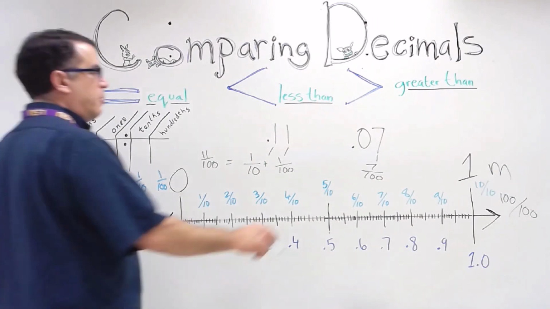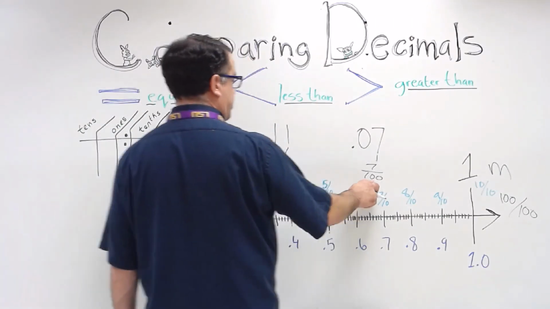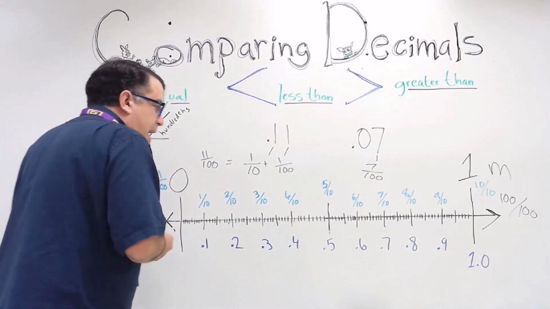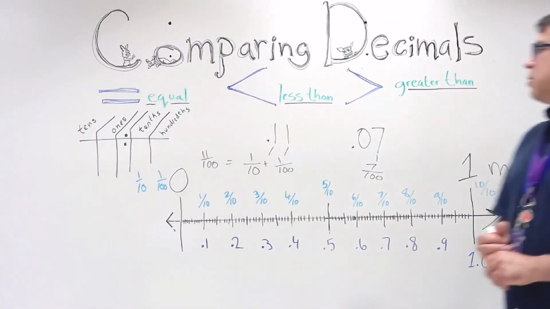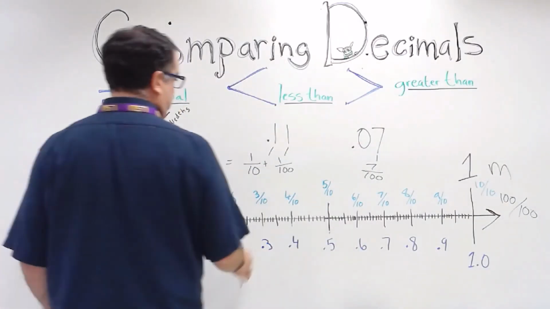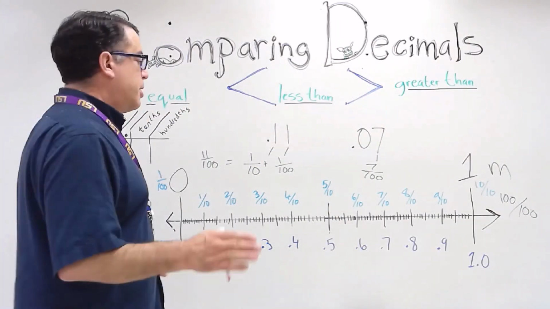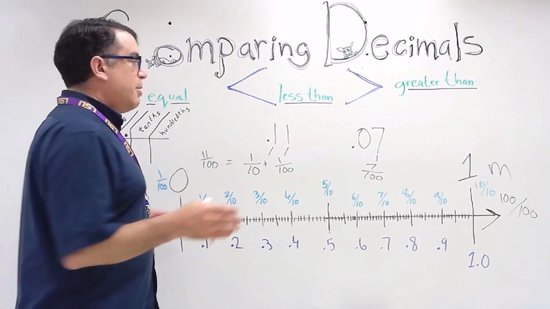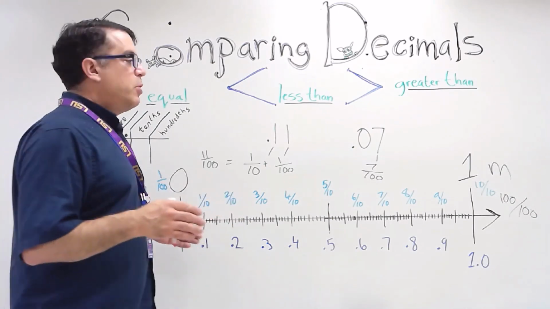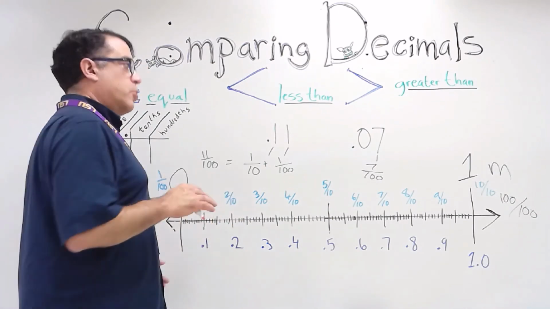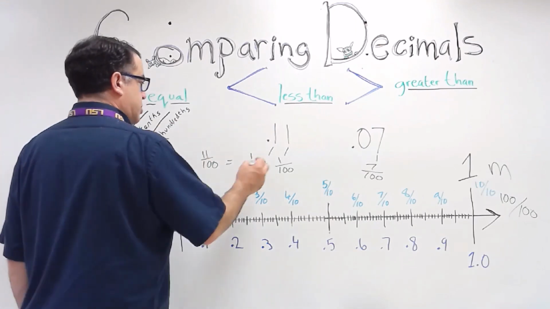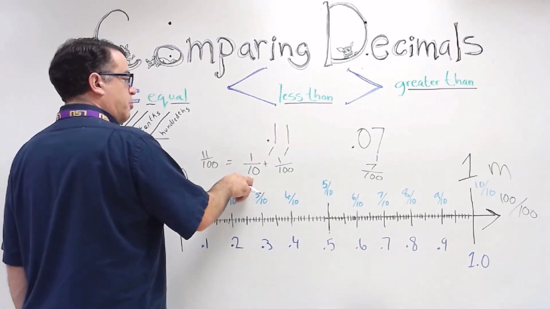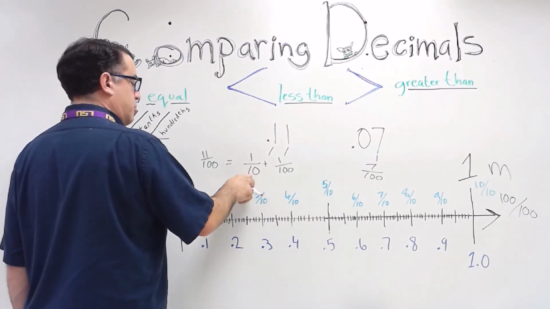And over here we have 7 hundredths. Now we have to decide which one is bigger. So let's try to plot them on this number line. The number line is going to give us a length, and we want to determine which one is longer or shorter, and then we'll give it one of these symbols. Okay, so I start off by looking for my 1/10, because this one is a 1/10.